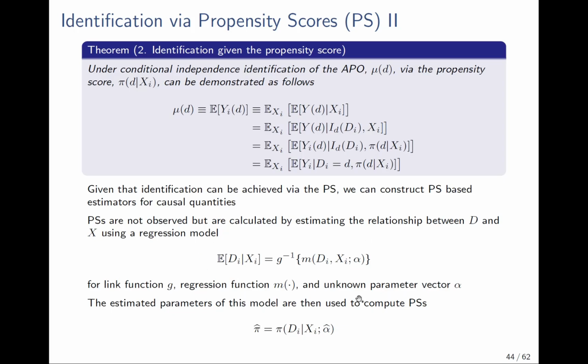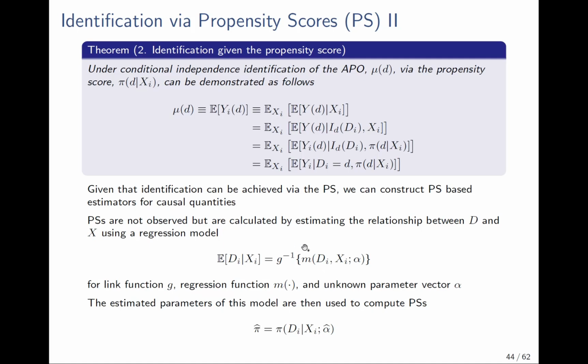First of all, we have to estimate the propensity score, and then we use it in a model to estimate causal effects. And we would just do it through a simple regression. So for instance, in the binary case, we would estimate the propensity score via this kind of regression, being a logistic regression, say. In the multivalued or continuous case, g would be some other link function.